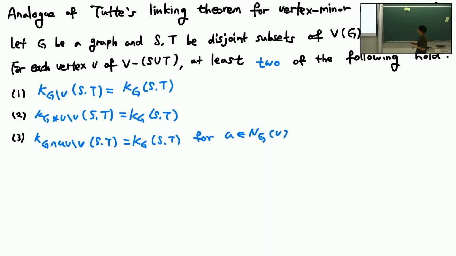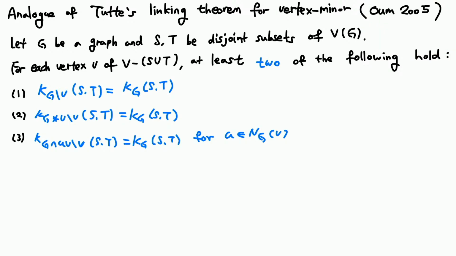And also there is another analog of Tutte's linking theorem and Menger's theorem for vertex-minor and pivot minor, and this was first proved by Oum.